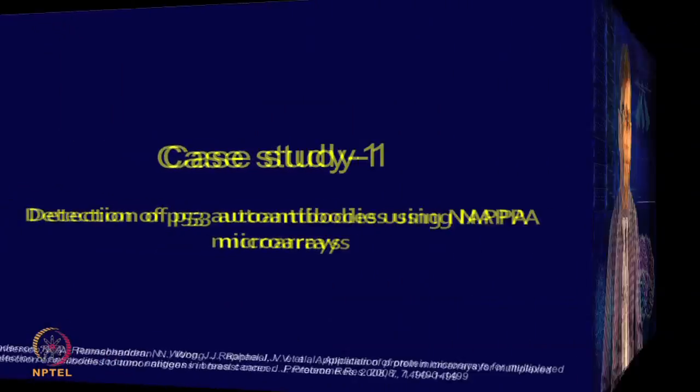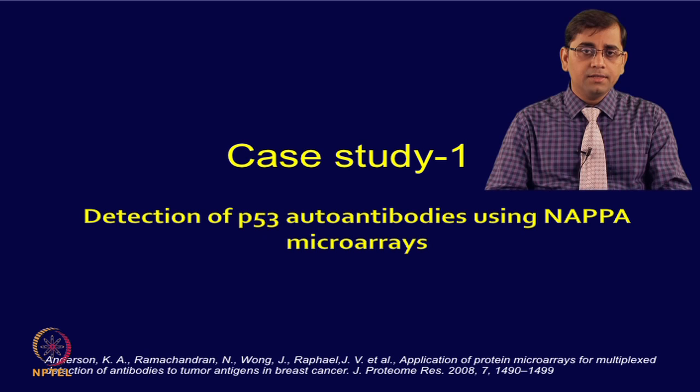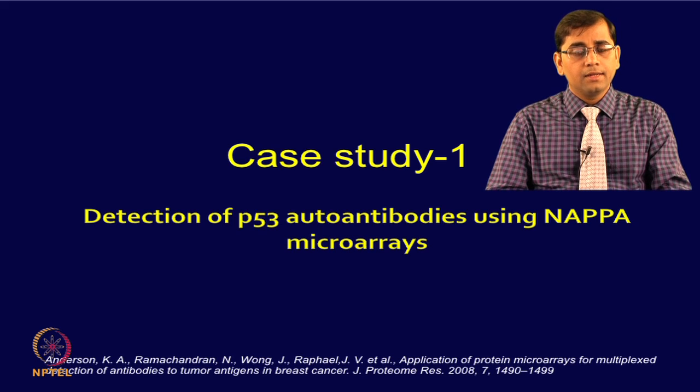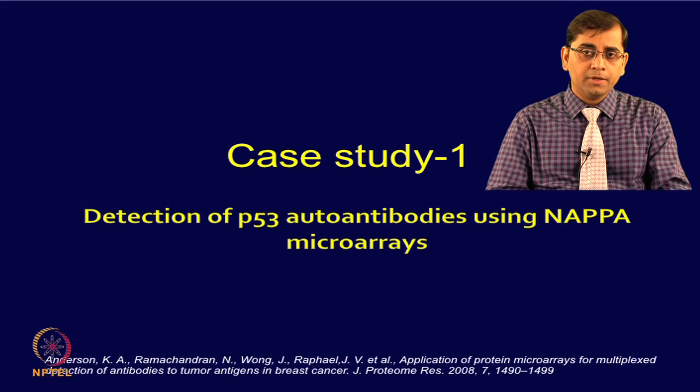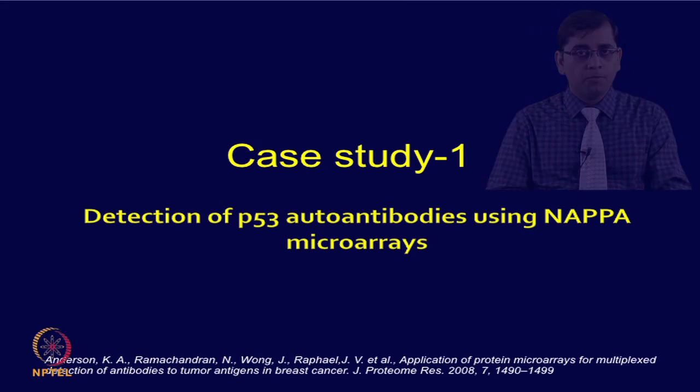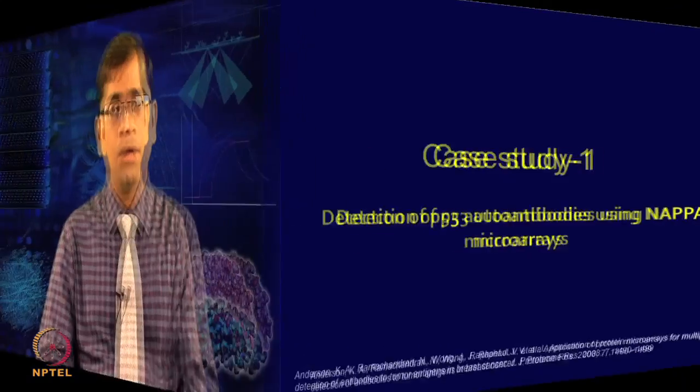Let us look at how cell free expression based microarrays have been applied for screening of biomarkers. Let us discuss our first case study for this lecture, which is detection of p53 autoantibodies in human serum using cell free expression based NAPA microarrays. This study was performed by Anderson et al. Antibodies to several tumor antigens are identified in breast cancer patients.